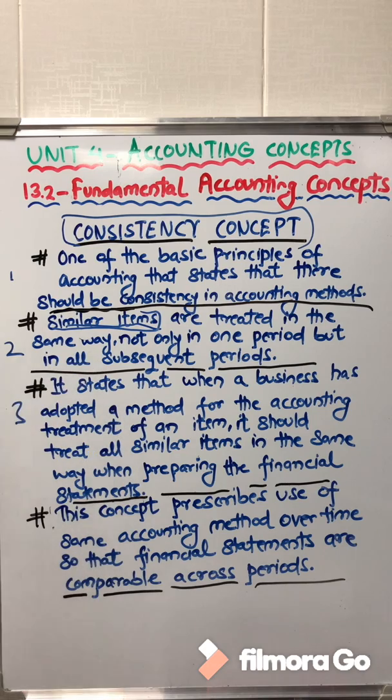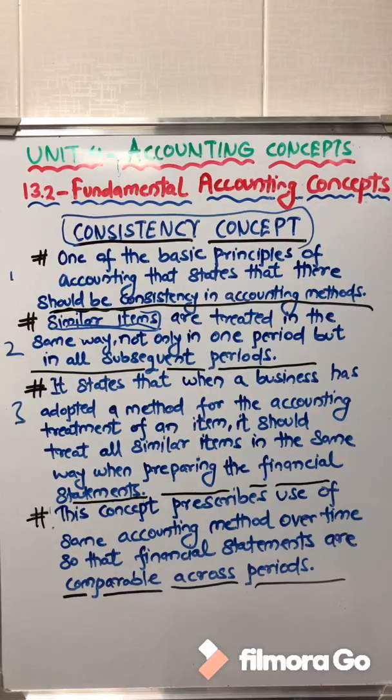The same thing I said here, that financial statements are comparable, like one year's financial reports are compared with another year: how much was the profit in the previous year, how much is the profit this year. So what if we are not consistent in the accounting concept?